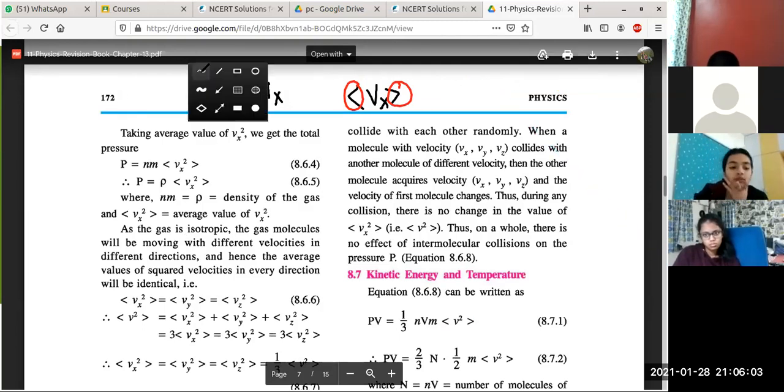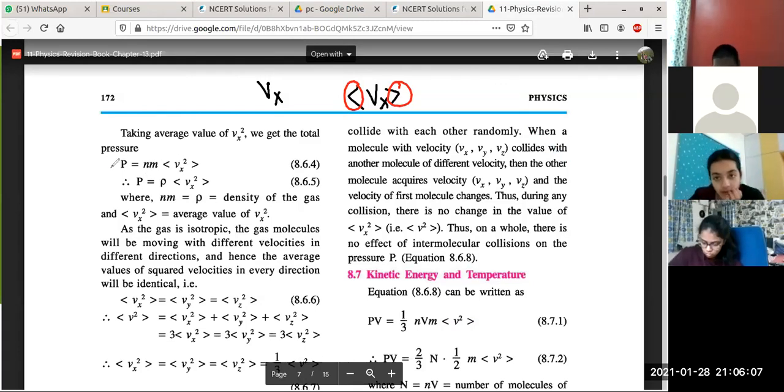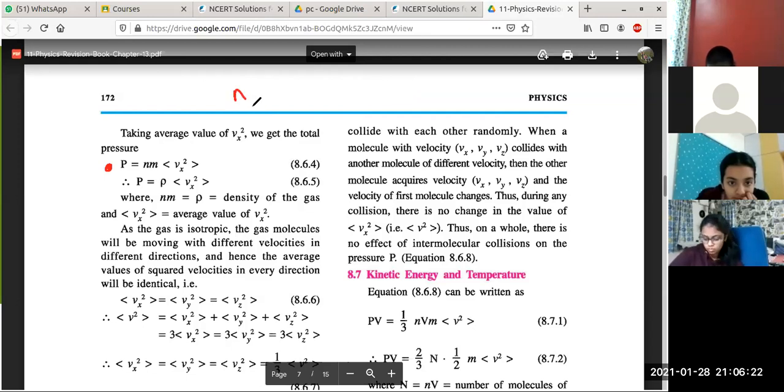Now write this: the average pressure is P equals n m times the average of Vx square. Here n is the number of molecules per unit volume and m is the mass of each molecule.